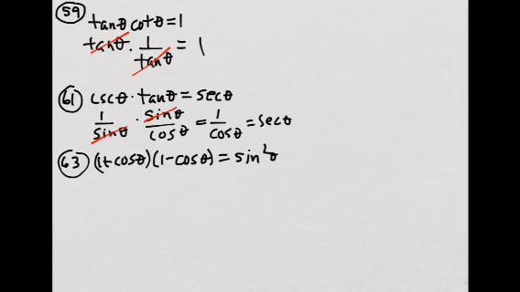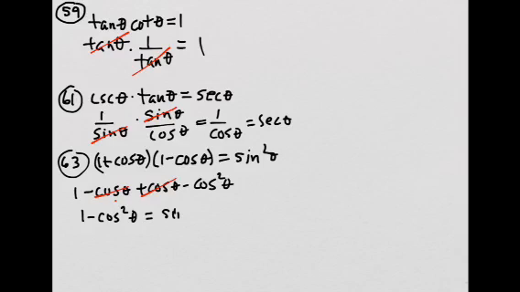Alright, 63, we're going to use the distributive property, so it's 1 minus cosine theta plus cosine theta minus cosine squared theta. So the two middle terms cancel out, and we're left with 1 minus cosine squared theta. And remember 1, I can replace 1 with sine squared theta plus cosine squared theta, because that's what the identity is.